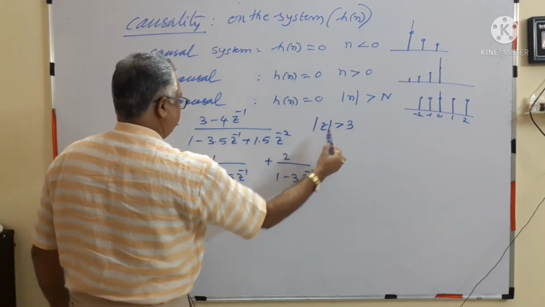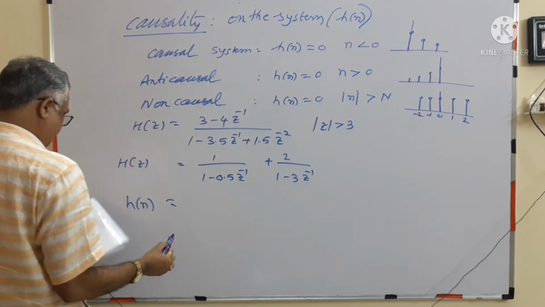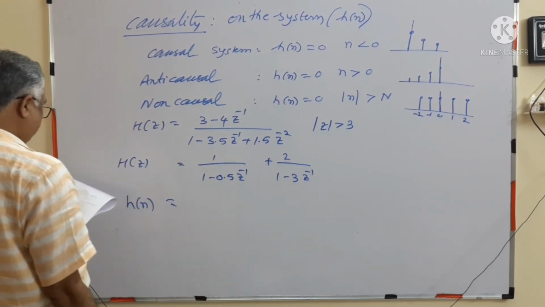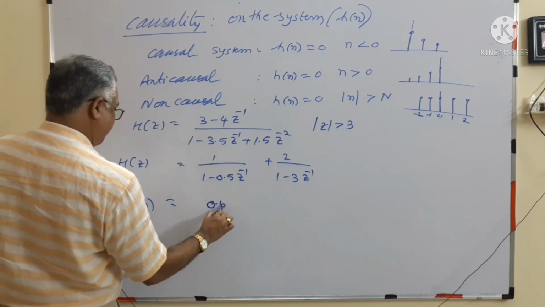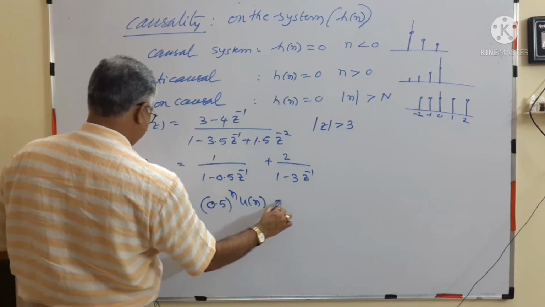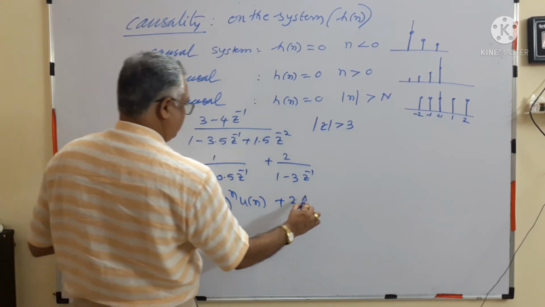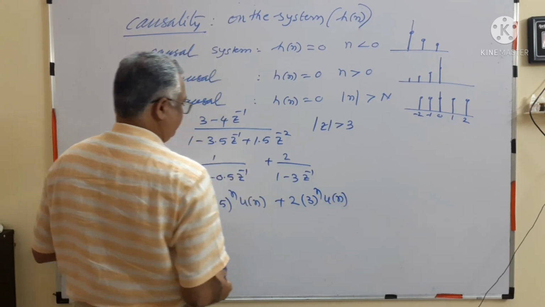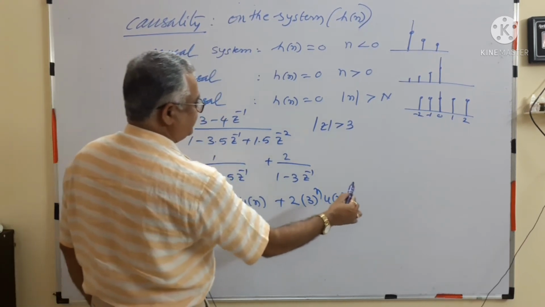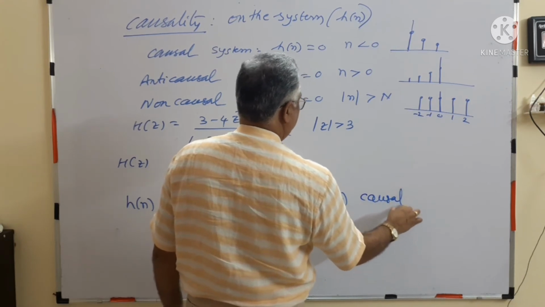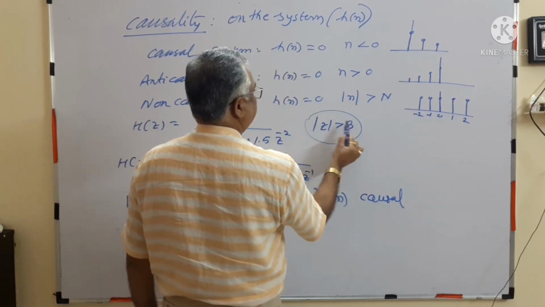Mod z greater than 3, right? So it's a right side sequence. So this answer is 0.5 to the power of n u of n plus 2 times 3 power n u of n. Both are right side, therefore it is causal.